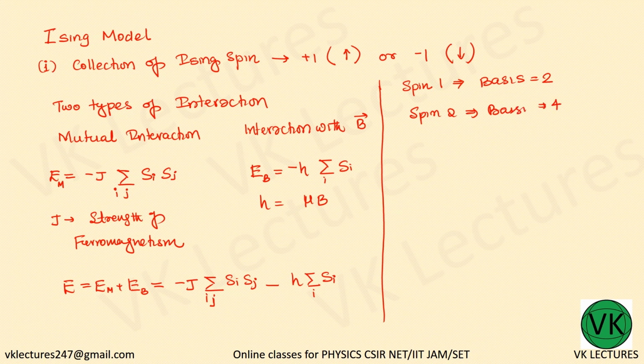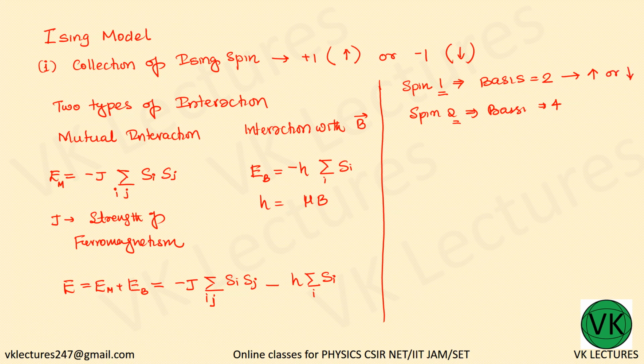This is not spin 1 and spin 2, this is just Ising spin, one particle and two particles. For the first one, there is only the possibility of up or down.